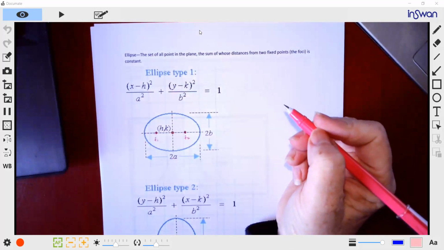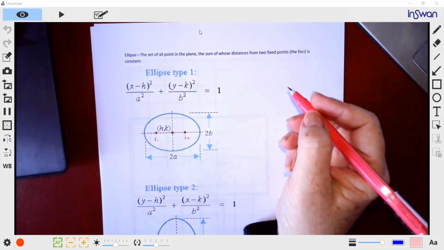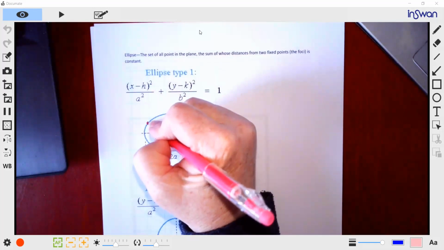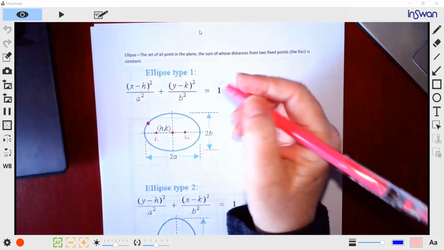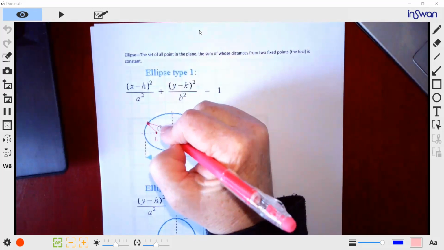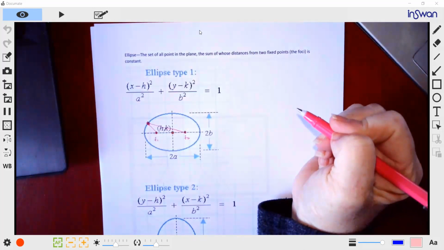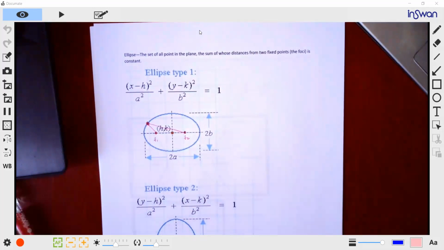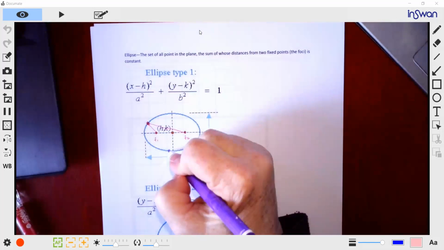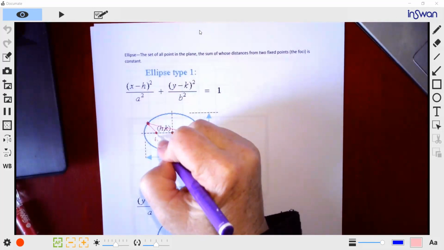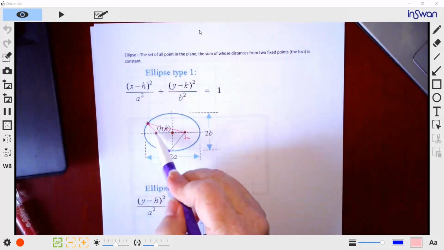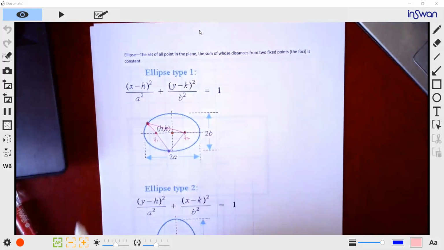What that says is if you take any point on this ellipse, and you take the distance from that point to the first focus and the distance from that point to the second focus, and then you pick another point on that ellipse and take the distance from that point to each focus, if you add this distance to this distance, you're going to get the same as the sum of this distance and this distance.